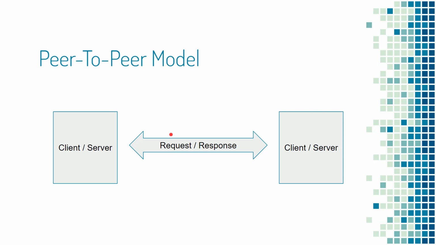It's a really good paradigm, but the reason it's not adopted by many web applications is that it's really hard to maintain the files on the server. The most common type of application that uses this model is the torrent. In the torrent, each device that is part of the network works as a client and a server.